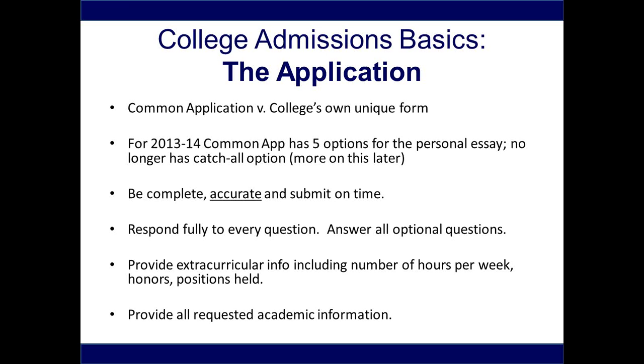Even though the colleges are going to get your transcripts directly from the school, and your standardized test scores are going to be reported directly from the testing agencies, if the application asks for academic information, include it, because this gives the admissions teams an opportunity to start evaluating your application even before official grades and scores are reported.